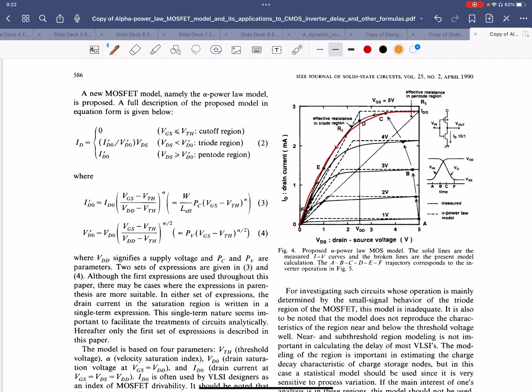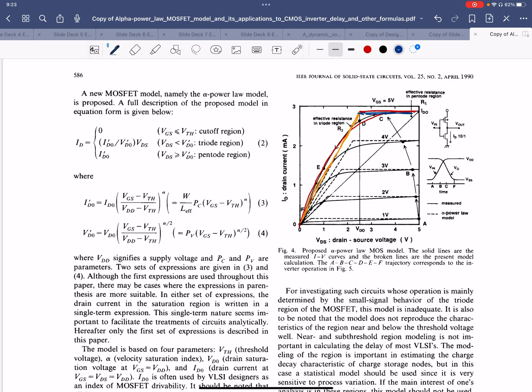What they do is create a piecewise linear model that has linear behavior before it hits VDSAT, and then a straight line after you get beyond VDSAT.